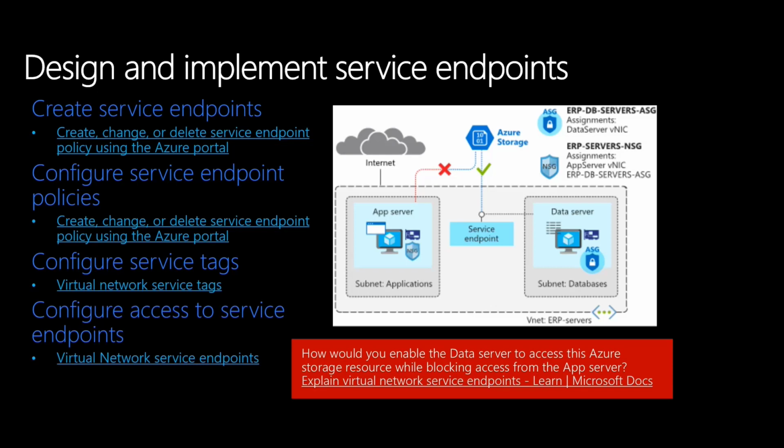A service endpoint remains a publicly routable IP address. A private endpoint is a private IP in the address space of the customer's virtual network where the private endpoint is configured. So service endpoints are public, private endpoints use a private IP in your own network.